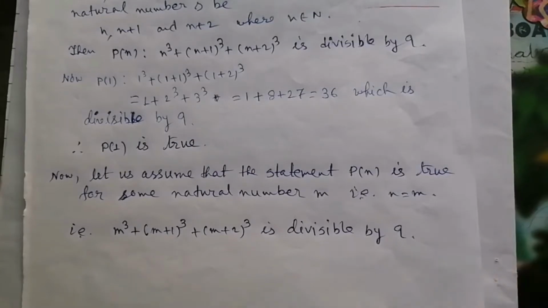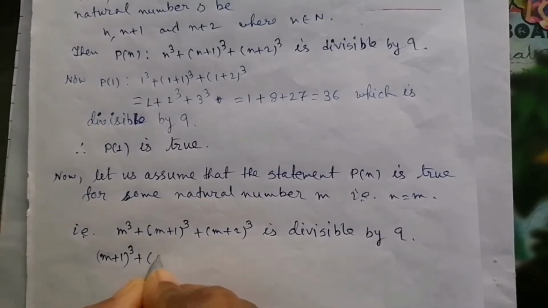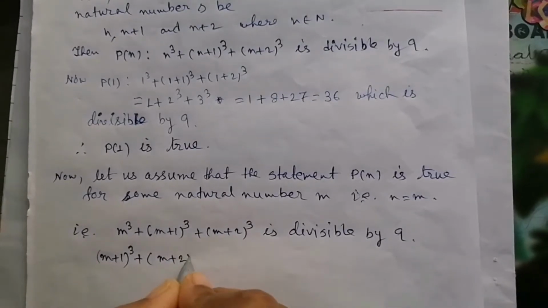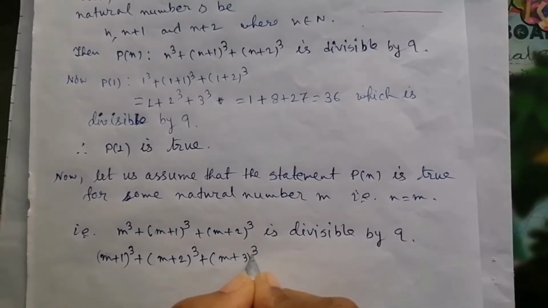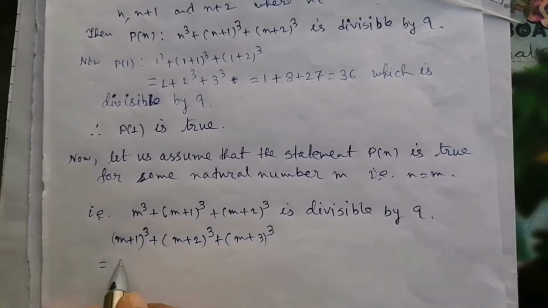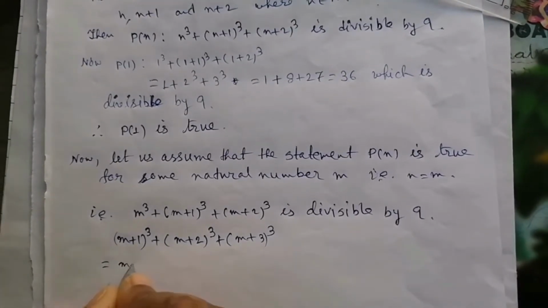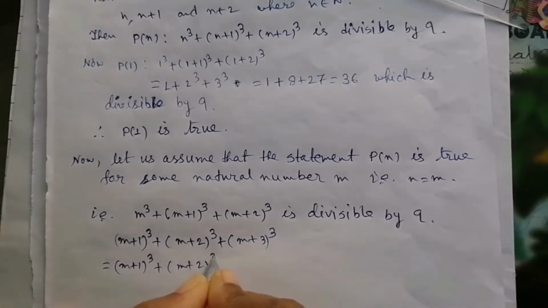That is P(m plus 1) is (m plus 1) whole cube plus (m plus 1 plus 1), that is (m plus 2) whole cube, plus (m plus 1 plus 2), that is (m plus 3) whole cube. Equal to, now we have to calculate it, equal to (m plus 1) cube plus (m plus 2) cube.